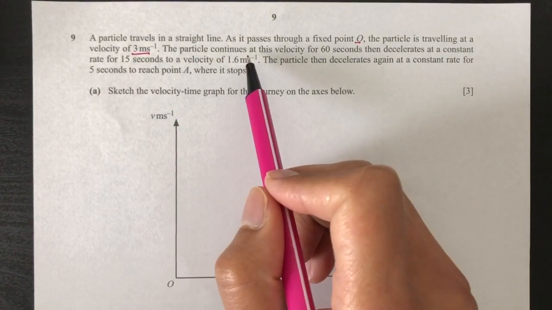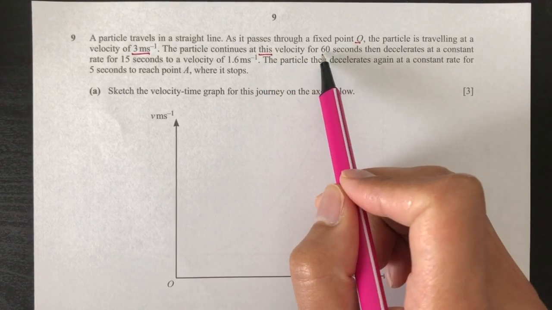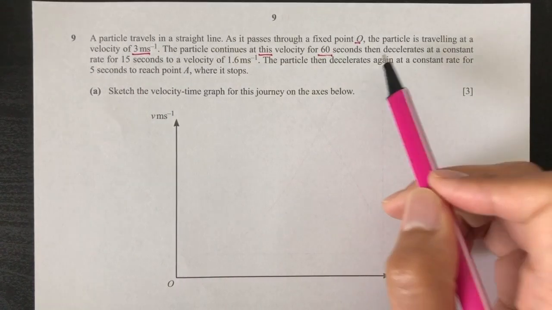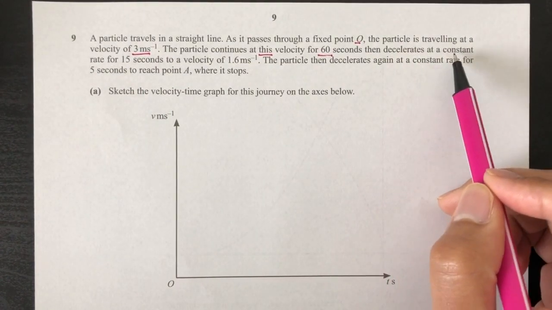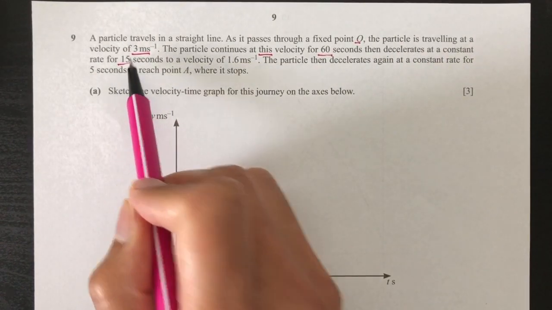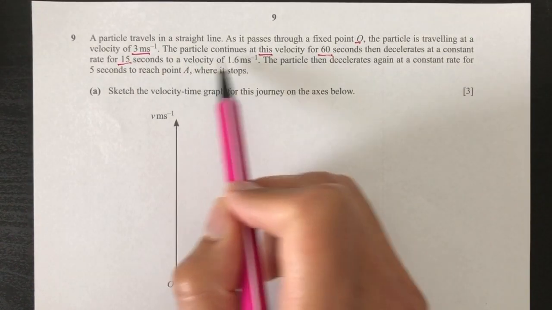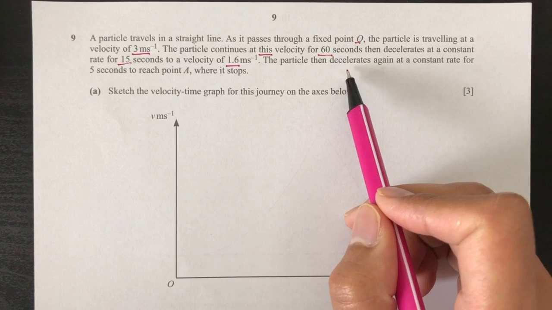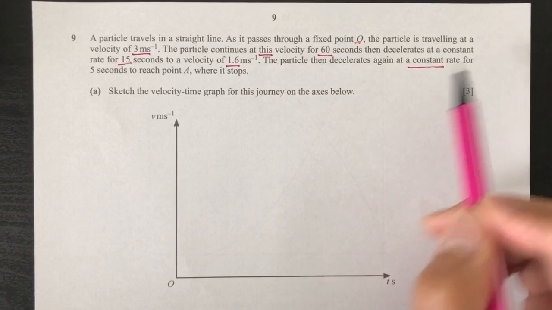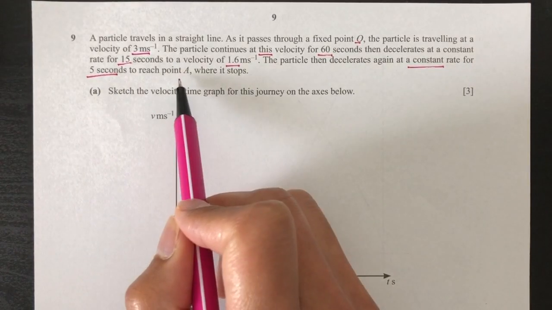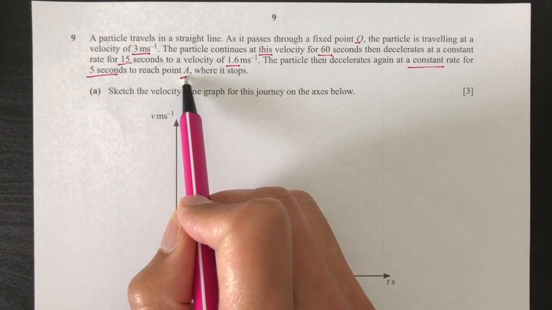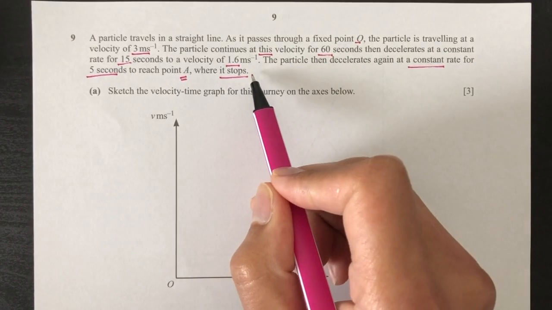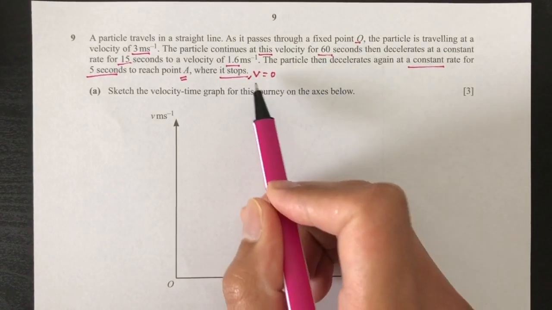Now the particle continues at this speed for 60 seconds, and then it decelerates at a constant rate for 15 seconds to a velocity of 1.6. The particle then decelerates again at a constant rate for 5 seconds to reach point A, where it stops. Okay, stops means at v equal to 0.